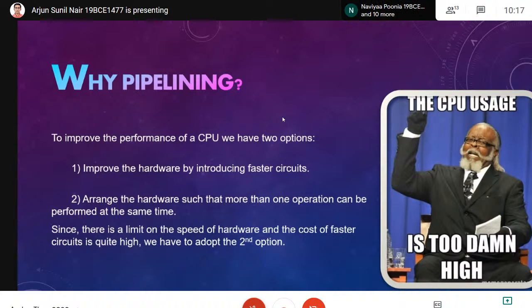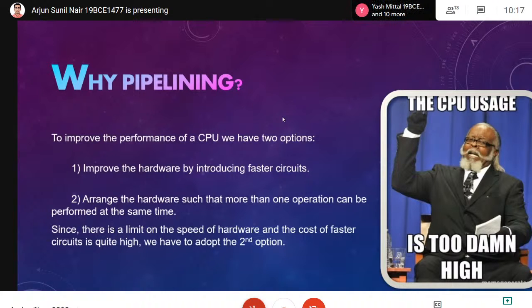The two ideas that computer scientists had at that time were, first, introducing faster circuits, and second, arranging the hardware such that more than one operation can be performed at the same time. The first was rejected because there is a limit to how fast we can make the hardware by introducing faster circuits.